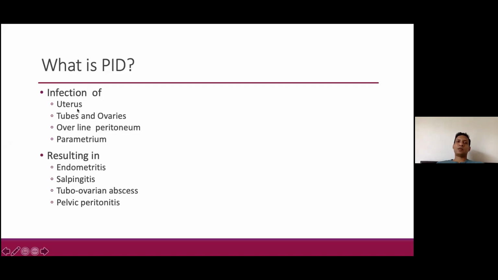When there's infection in the uterus there will be inflammation, and we give a special name. This is your basic pathology. So endometritis; if the tubes are involved, we call it salpingitis. And if the tubes and ovaries get pus accumulation, we call it a tubo-ovarian abscess, and pelvic peritonitis. So this is what we call PID.